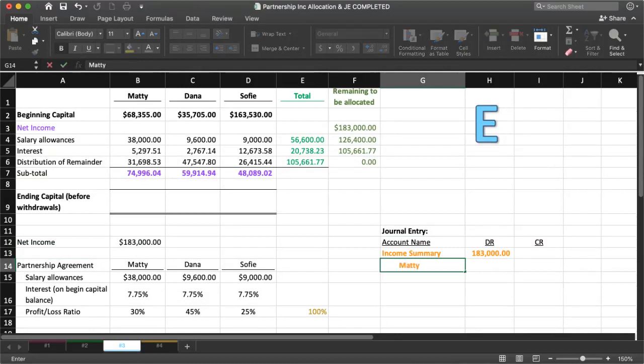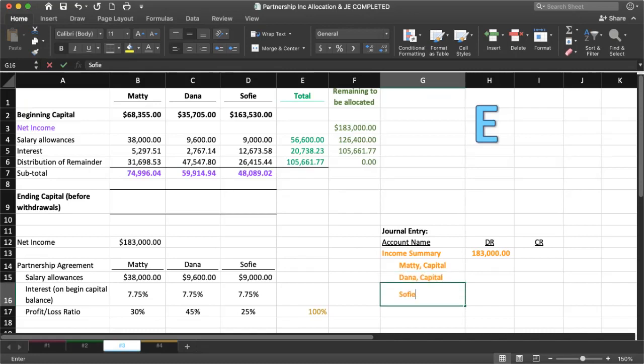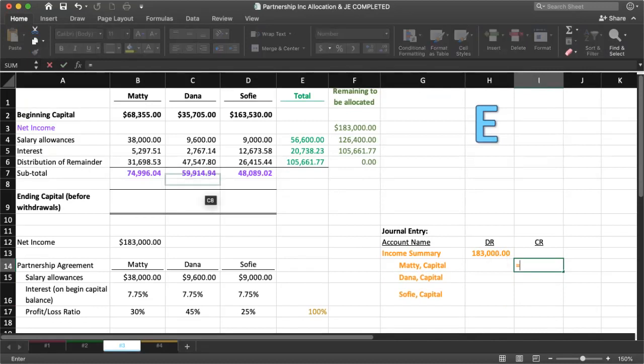Mattie, capital, Dana, capital, and Sophie, capital. And remember, capital is an equity account. The normal balance is credit, so we're going to increase their capital accounts by the amount that's allocated to them.